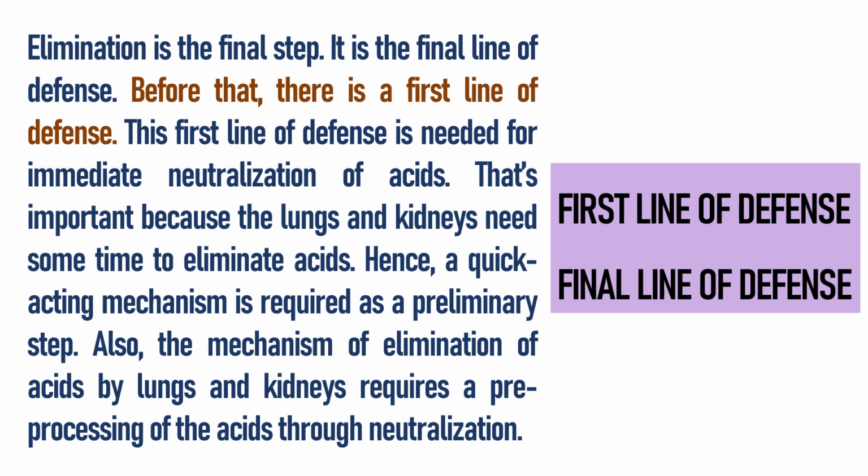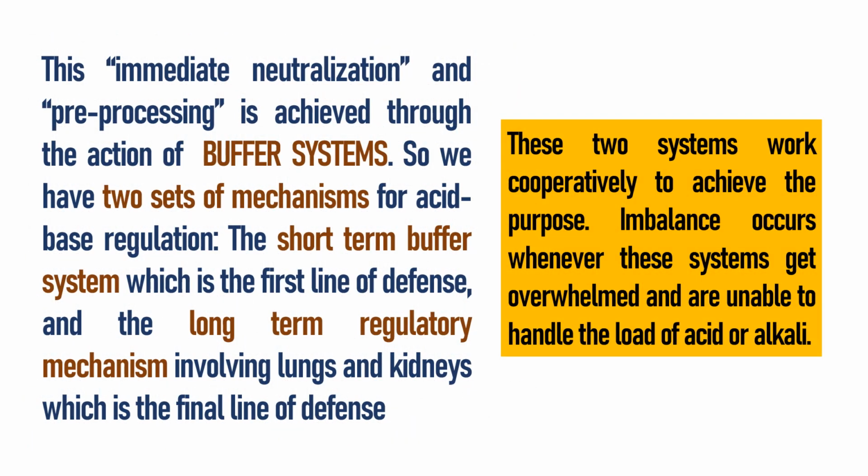Also, the mechanism of elimination of acids by lungs and kidneys requires a pre-processing of the acids through neutralization. So, we have the first line of defense and the final line of defense. This immediate neutralization and pre-processing is achieved through the action of buffer systems.